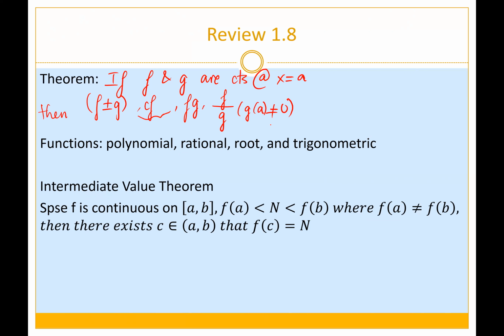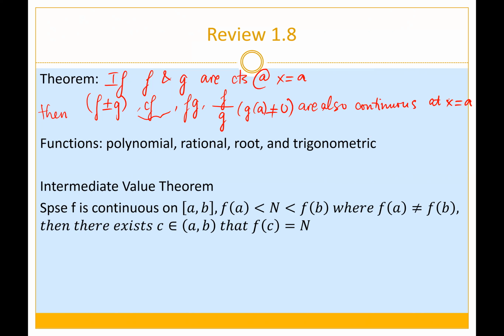Those functions are also continuous at x equals a. So this is what the theorem is saying.